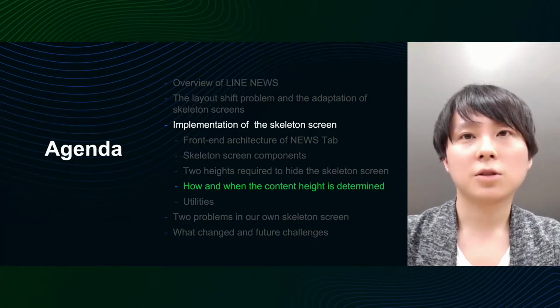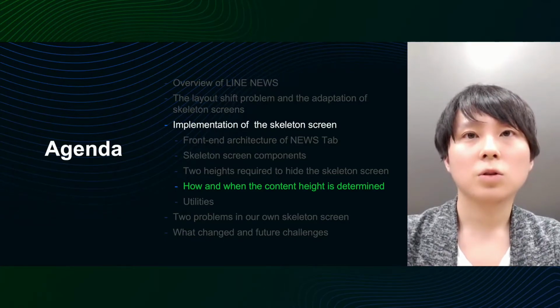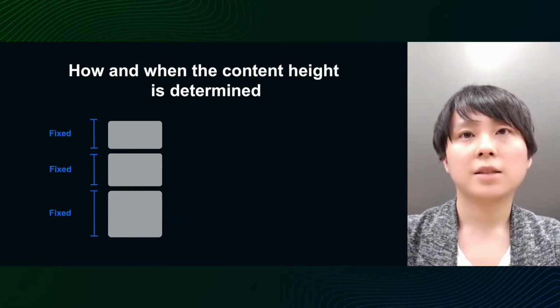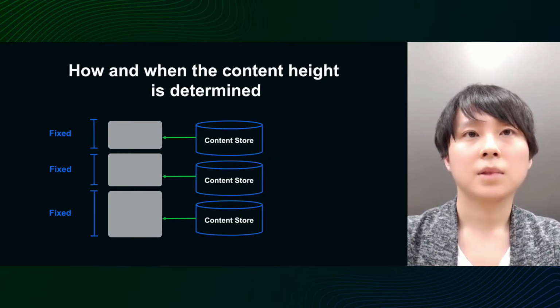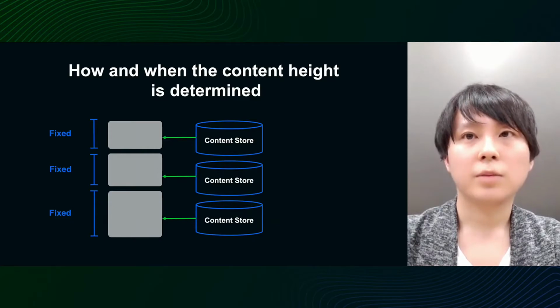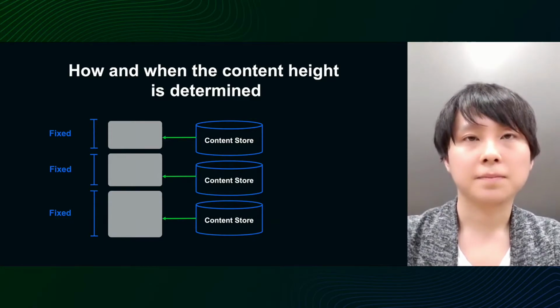Now that we have discussed the store that stores the height, I will show you how the height of content is determined along with the code. In order for each piece of content to have a definite height, the content must actually be drawn. The data required for drawing is stored in a separate store for each content as a state.